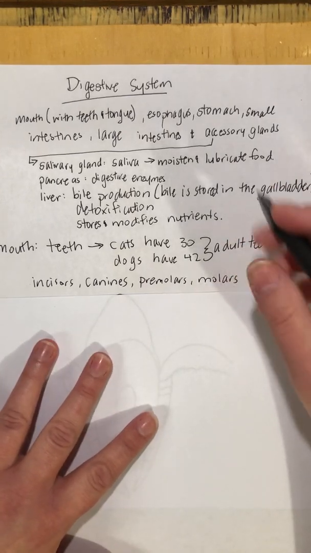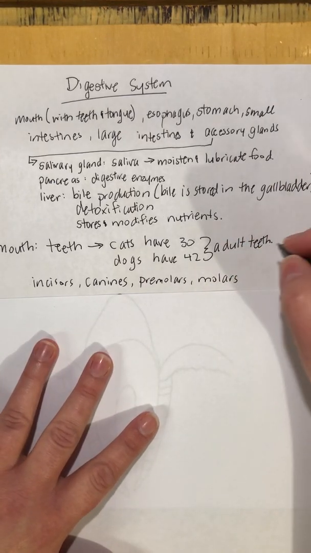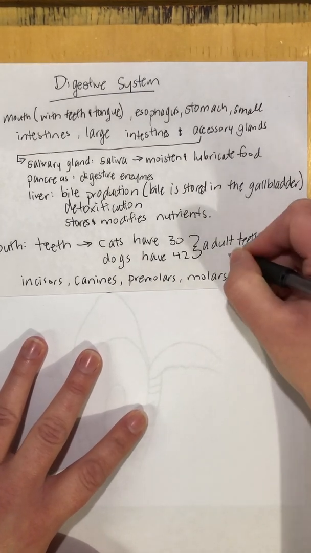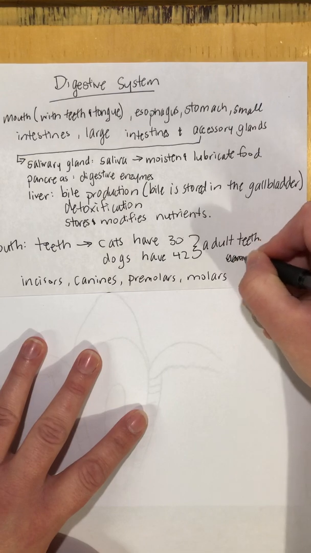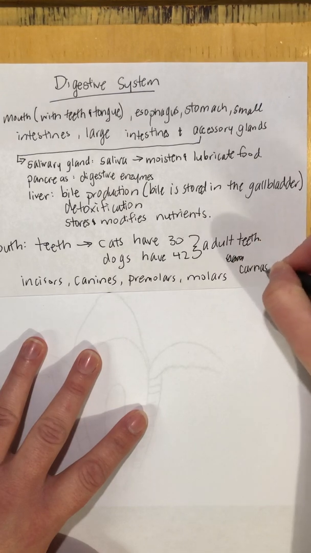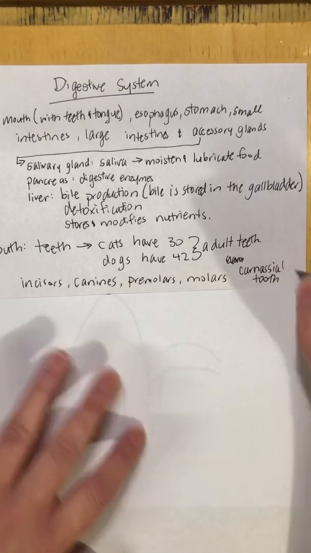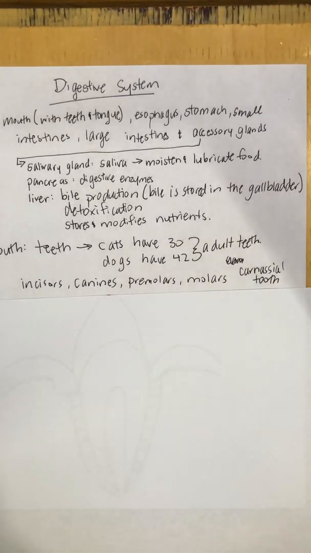One term you should know for animals is the carnassial. I just want to make sure you can see this if I write it. Carnassial tooth. So the carnassial tooth is just the largest tooth on the side of the upper and the lower. So kind of like the cheek teeth there.